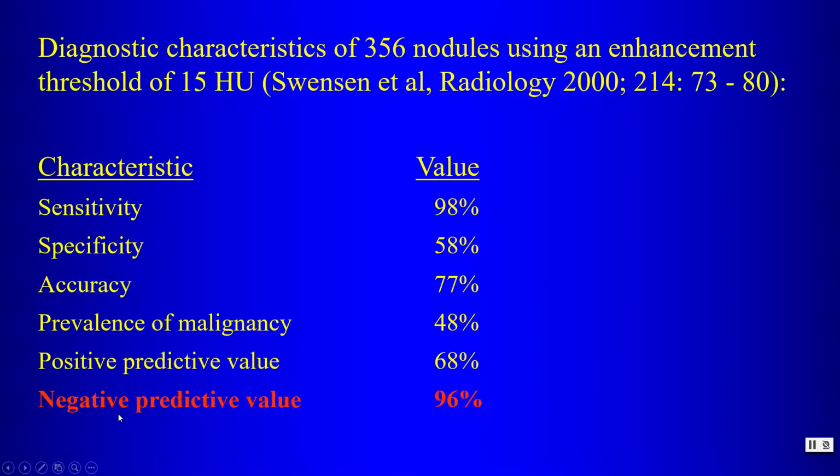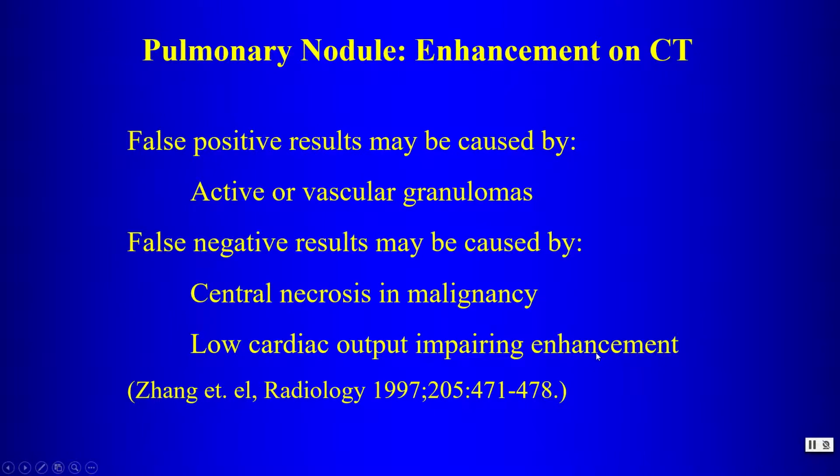And in a follow-up study where they were able to reduce the threshold to about 15 Hounsfield units, the negative predictive value was 96%. So the point is, if the lesion does not enhance, provided that you've done the study properly with the proper protocol, the negative predictive value, the probability that the lesion is benign, is very high, greater than 95%.